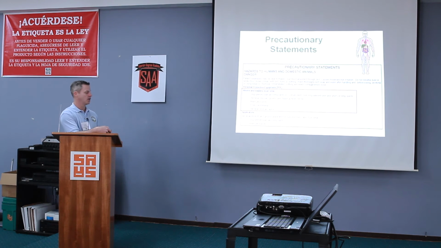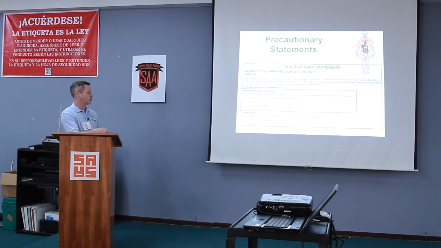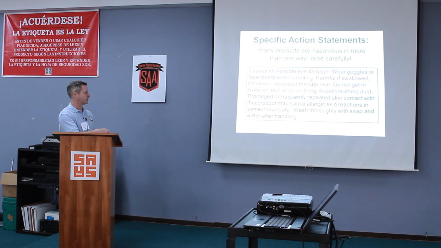So you want to check the label and see, in this example, a long sleeve shirt and long pants or coveralls worn over a long sleeve shirt is required. Chemical resistant gloves, shoes plus socks, protective eyewear, chemical resistant apron. But you see, the applicators don't have all those requirements. So you want to make sure that you see what is required for each function there.